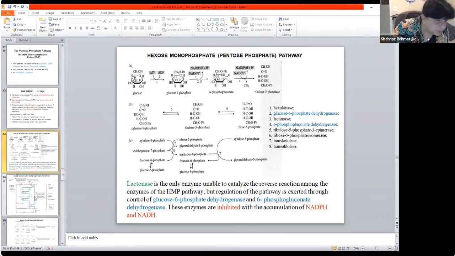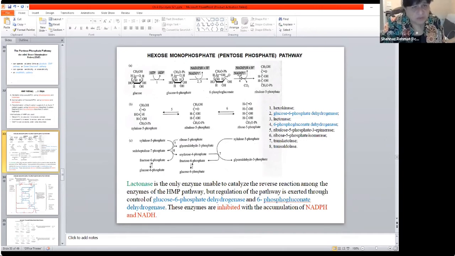Where was it in which picture? I could show you this. But anyway, just remember that lactonase is the only enzyme that is non-reversible, but this is not the enzyme that controls the pathway. The regulation of the pathway is exerted through glucose 6-phosphate dehydrogenase and phosphogluconate dehydrogenase.